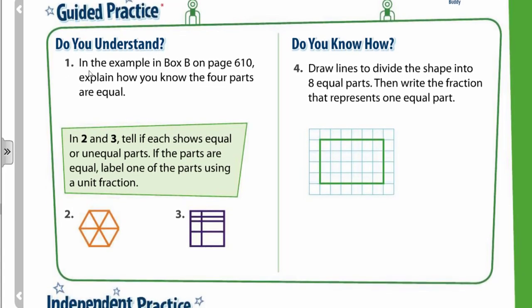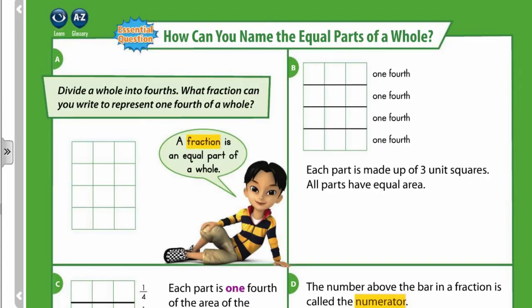In the first question, in the example in box B, on page 610, explain how you know that the four parts are equal. Let's go back and see the shape. Okay, I will circle it. We are talking about this one.